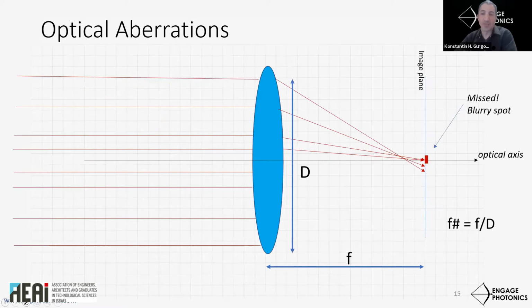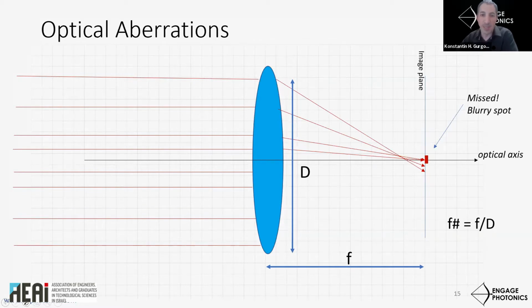And to get a high quality lens, you need much more than a single lens. So if we look closely at the light rays passing through the single lens, we can see an example how a single lens with spherical surfaces will not be enough to get a sharp image.